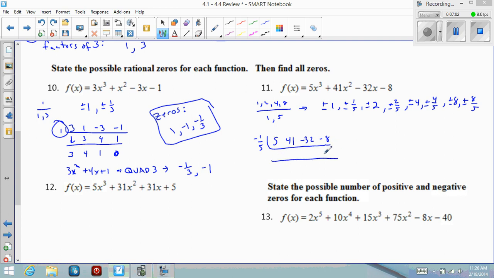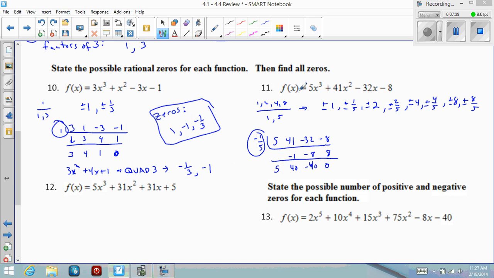So if I bring down the 5, I get 5 times -1/5 is -1. Add straight down, I get 40. Multiply that times -1/5, I get -8. Add straight down, I get -40. Multiply here, I'm going to get +8. And add straight down, I get 0. All right, so -1/5 worked out to be a 0.